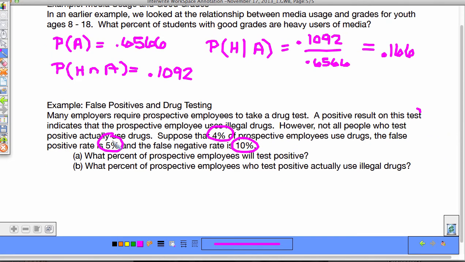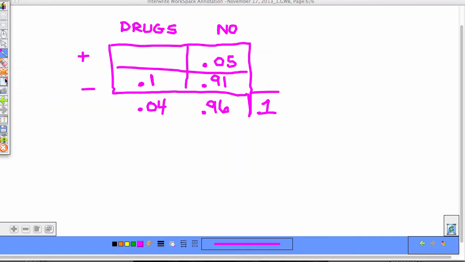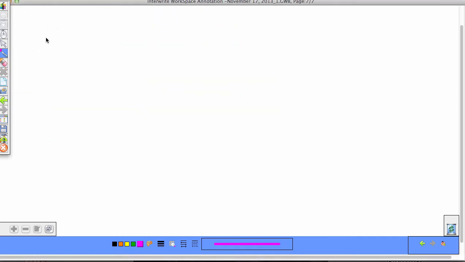Okay, so this is not anything sequential. So let's make a two-way table out of this to help us organize ourselves. And I'm going to make a new page so I have plenty of room. Okay, so because this provides us with some conditional probabilities, it's usually easier to make a tree diagram, even though it's not necessarily sequential. Conditional probabilities usually work well with a tree diagram.